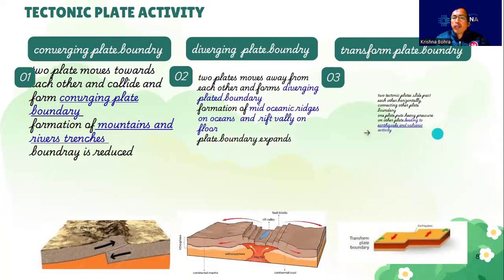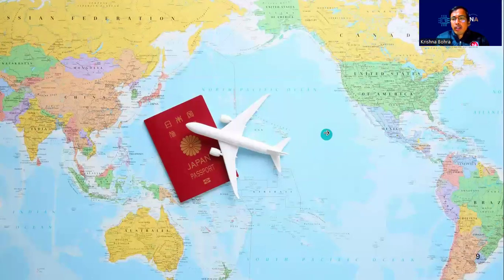If you observe the world map, in the Asia Pacific Ocean, you will find the Ring of Fire. The Ring of Fire is basically the place where major tectonic activities take place, or there are major tectonic islands or volcanic activities in that part.